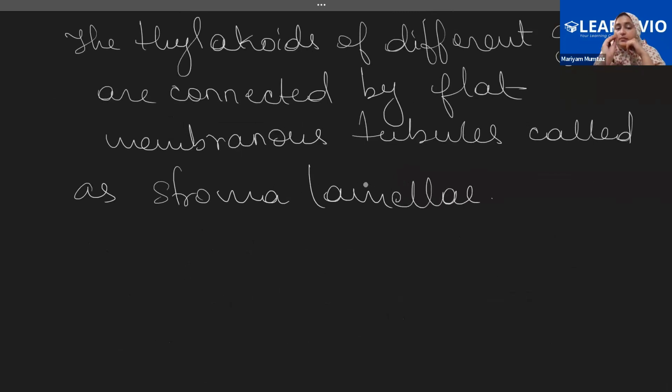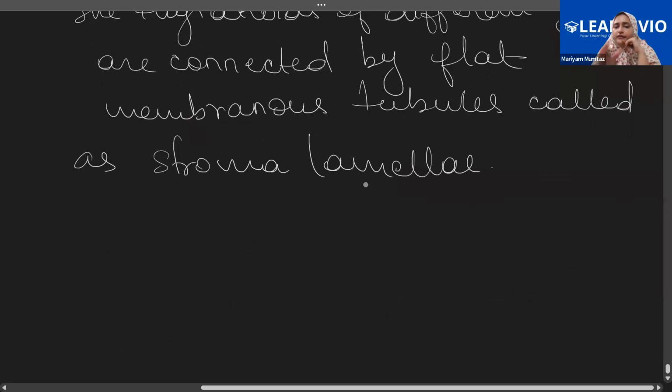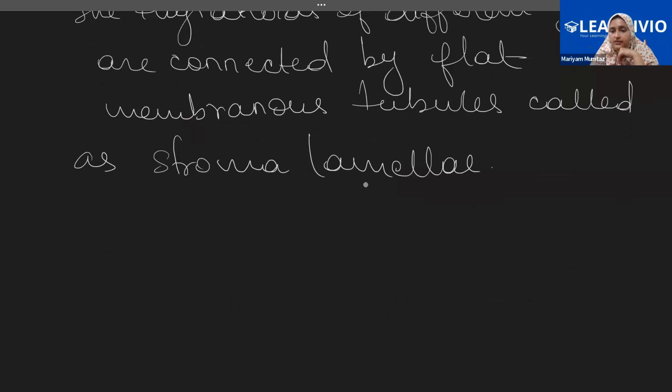They are responsible for connecting the thylakoids of several different grana together. Any doubts up until now, students? No, ma'am. Okay, very good.